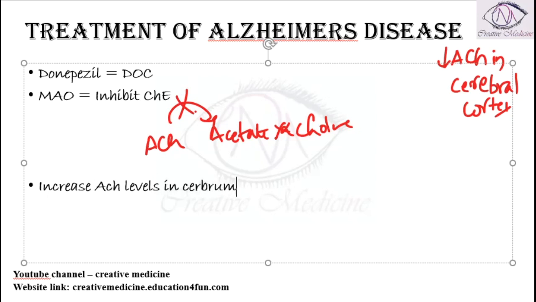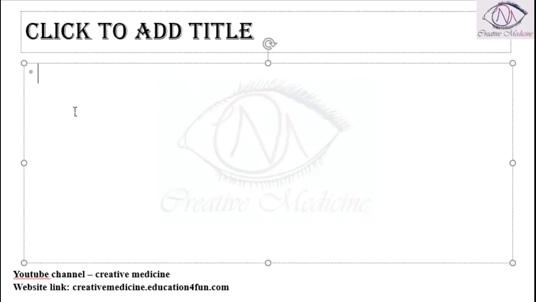Then we also have some other cholinesterase inhibitors which can be given, like rivastigmine or galantamine. These two are cholinesterase inhibitors.